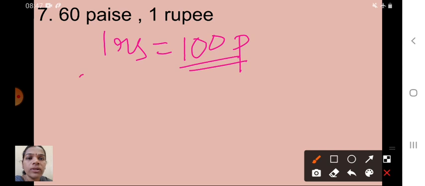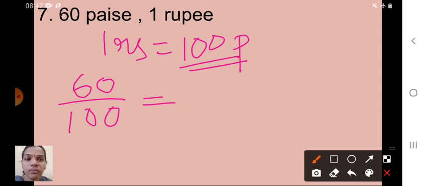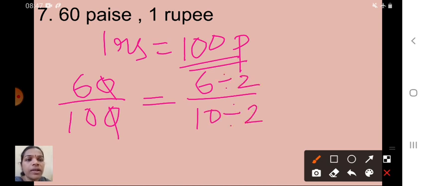So what you have to write first? 60 upon 100. Again here, what we have to do? We have to cut this 0. So 6 upon 10. Can anyone say what is the highest common factor of 6 and 10? Very good, 2. So 6 upon 10, that means 6 is divided by 2, 10 is divided by 2.